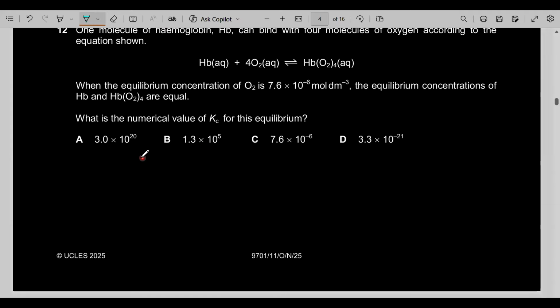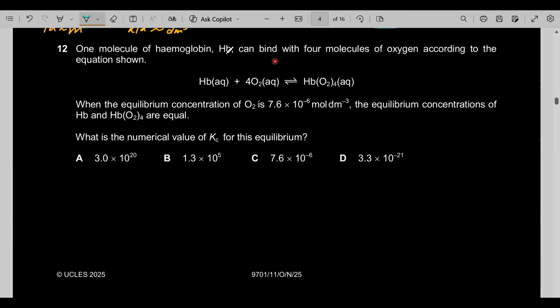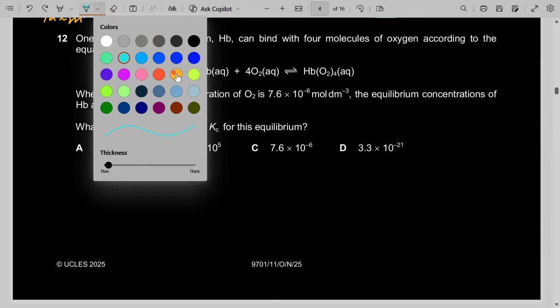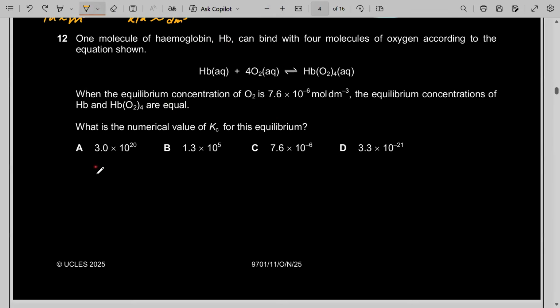So let's attempt the question. The statement says one molecule of hemoglobin binds with 4 molecules of oxygen. So we take the ratio over here. Hb to O2 will be 4 to 1.